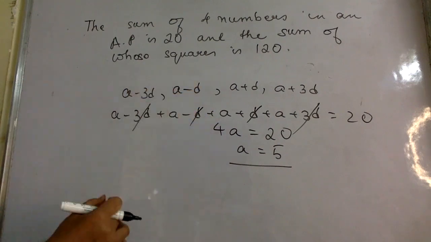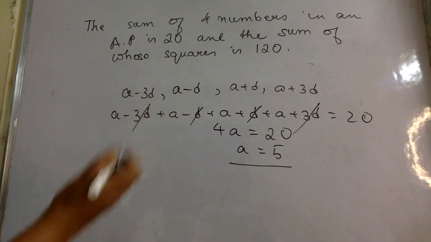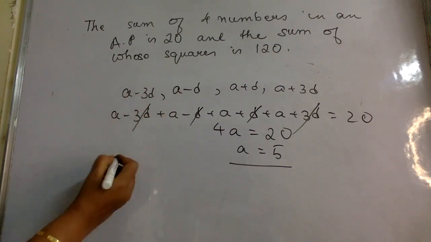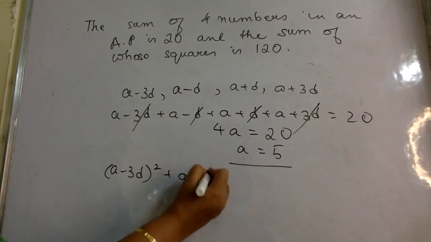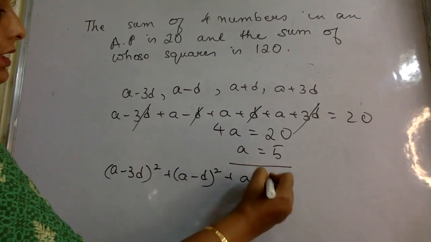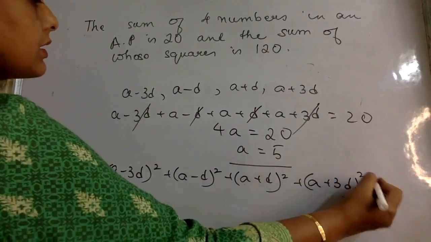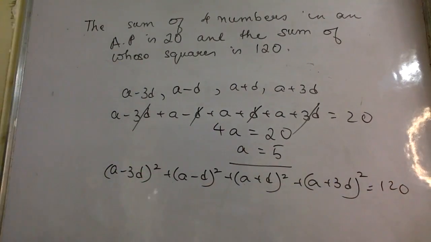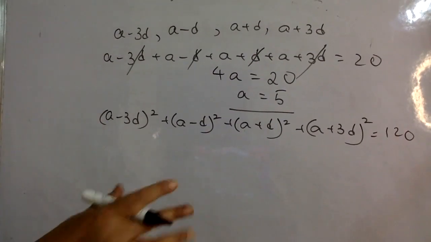Now let's come to the sum of whose squares is 120. Now we'll do squaring. Okay, A minus 3D whole square plus A minus D whole square plus A plus D whole square plus A plus 3D whole square, that is equal to 120. This is what the sum is saying. So how do we square them in the fastest possible way?